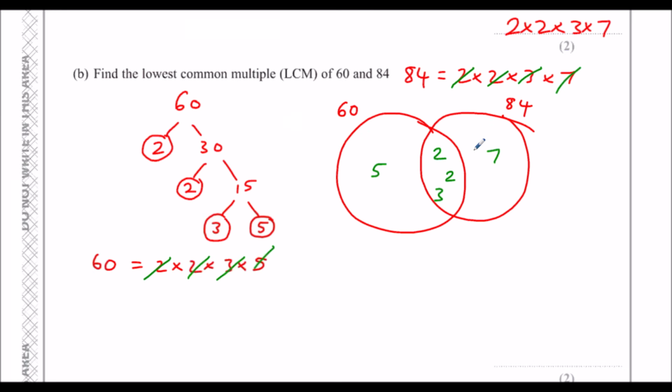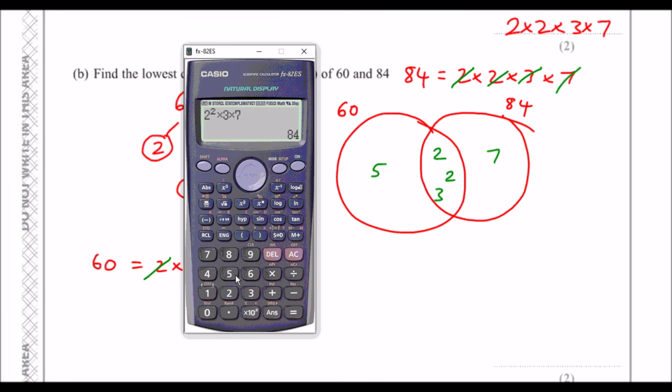So the lowest common multiple is all of these numbers multiplied together. So 5 times 2 times 2 times 3 times 7. This circle multiplies together to make 60, and this circle multiplies together to make 84. So it doesn't matter if we write it all out, 5 times 2 times 2 times 3 times 7.